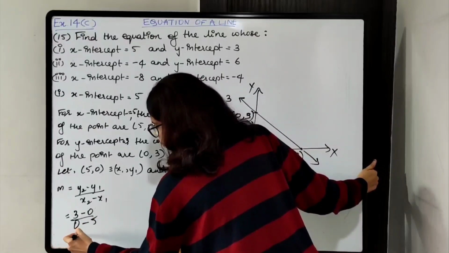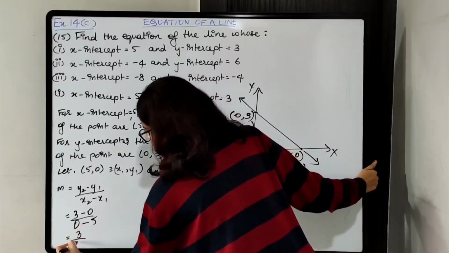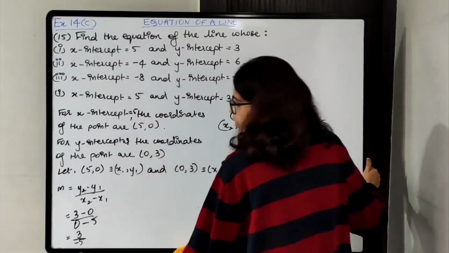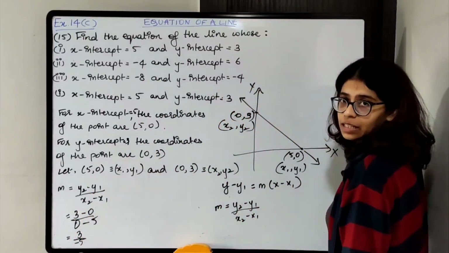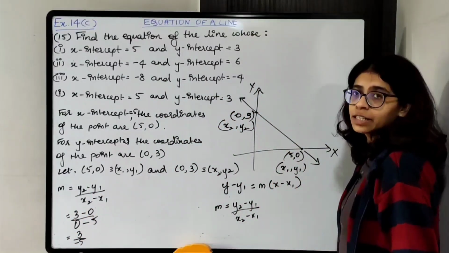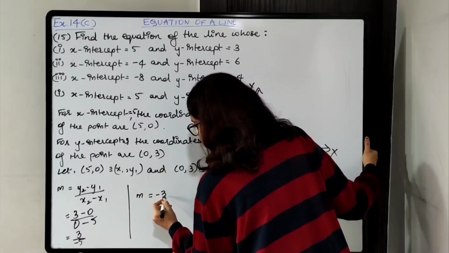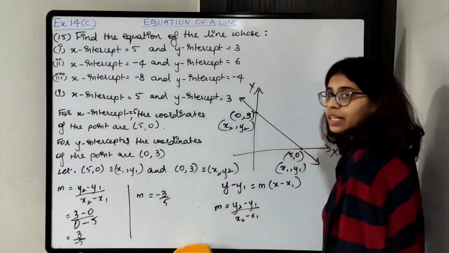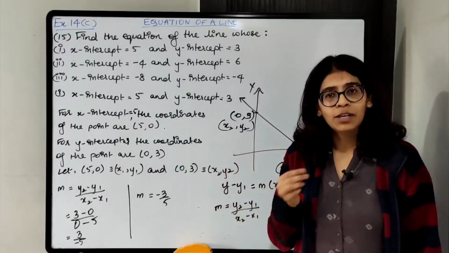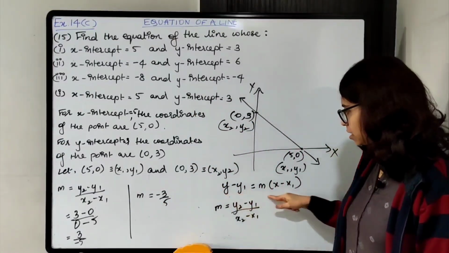So it will give 3 minus 0 is 3, 0 minus 5 is minus 5. Take the minus to the numerator because we never keep negative sign in denominator. So it will be m equals to minus 3 upon 5. We got m. Now we'll find out the equation of the line using this 2 points form.